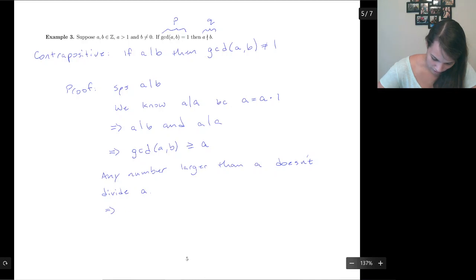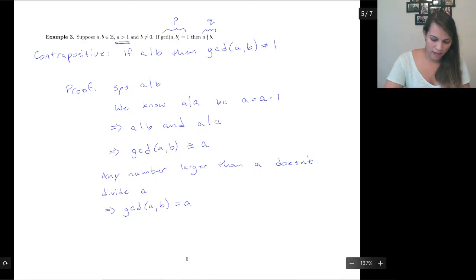So then GCD has got to be equal to exactly A, but A was bigger than 1. And so the GCD does not equal 1, which means we are done.